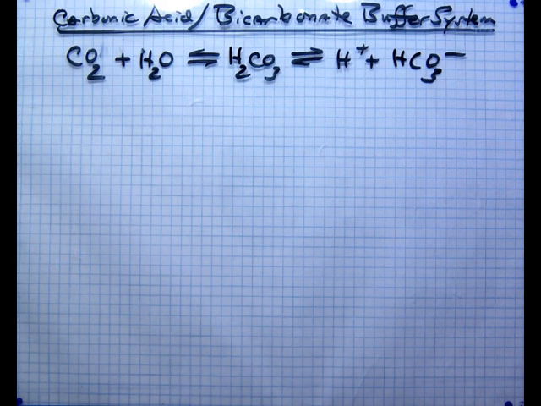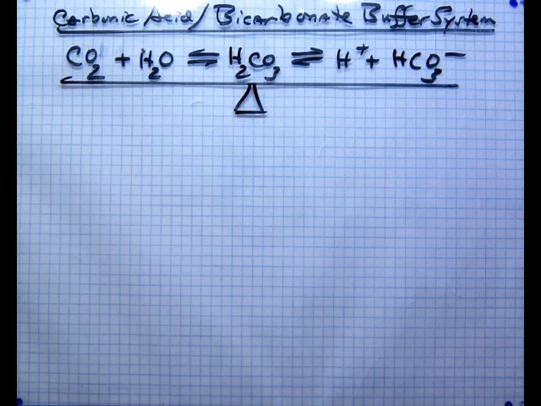Now, I describe this issue in the same way I basically described the acetic acid buffer system. So let's put this on a seesaw also and see what happens if we disturb the equilibrium. Now, what factors will disturb the equilibrium of the bicarbonate and carbonic acid equilibrium?